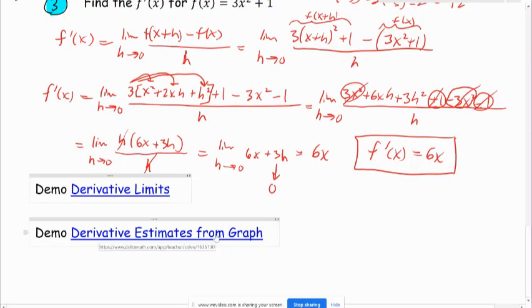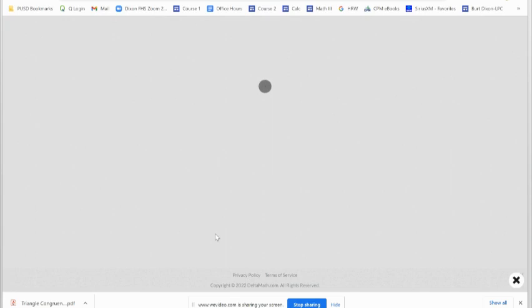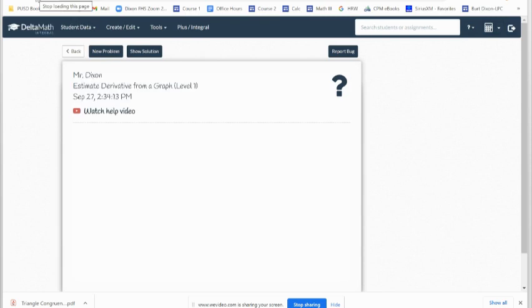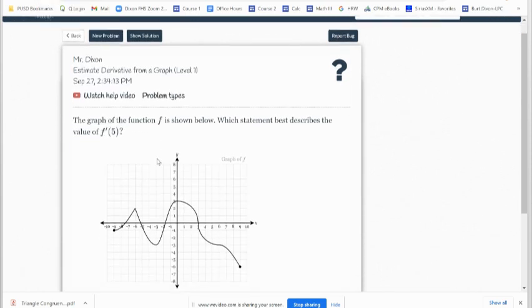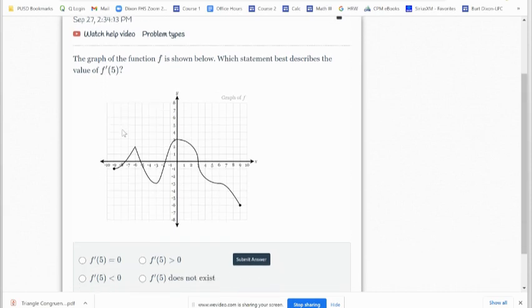And then one more demonstration, derivative estimates from a graph. For this one, it says, which statement best describes the value of f prime of 5? So remember what f prime means.